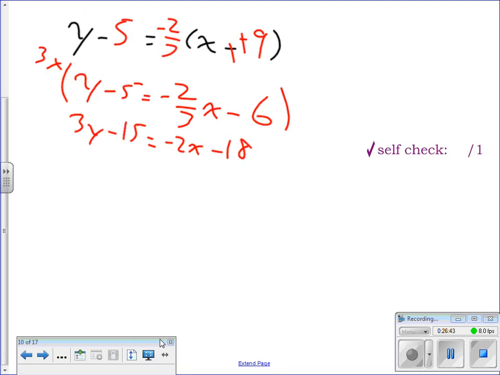Everything, the 3 times negative 2/3 is negative 2. That's what we're doing, getting rid of our denominator. Add 2x to both sides. Add 15 to both sides. And I get 2x plus 3y equals negative 3.